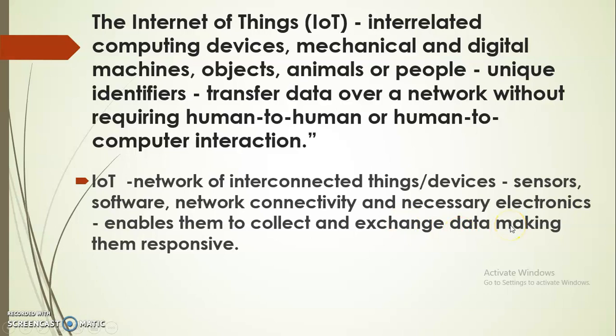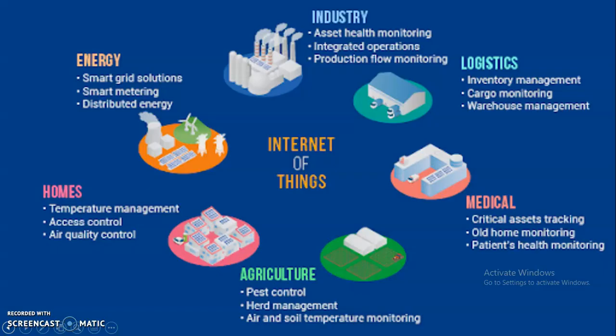Using the data, the device can be controlled, making the IoT most responsive. Here, in short, IoT is like extending the power of internet beyond computers and smartphones to everyday things in this world.